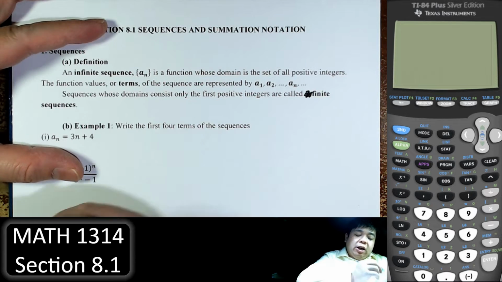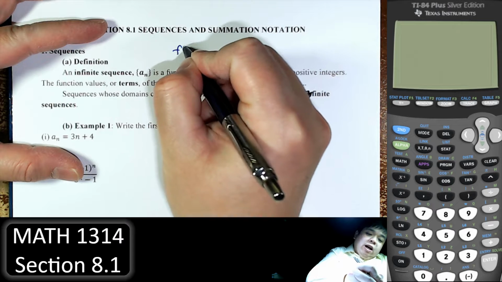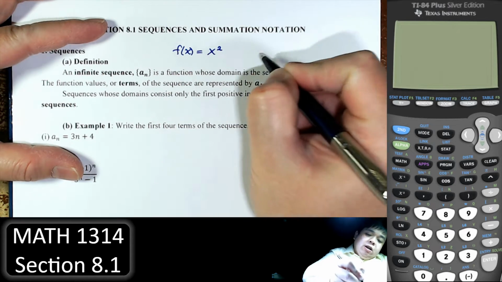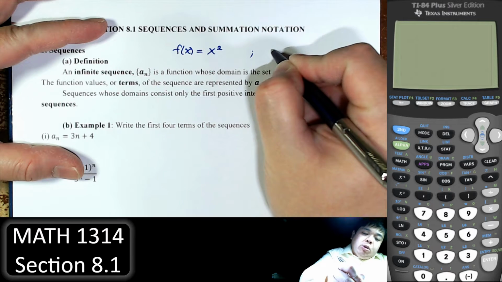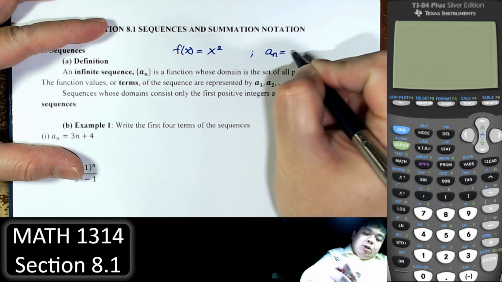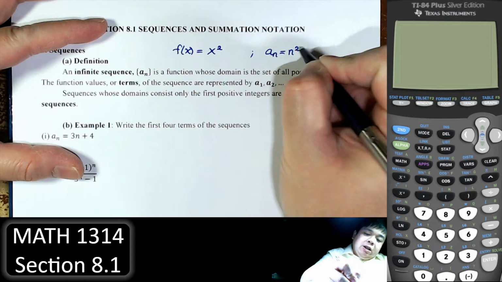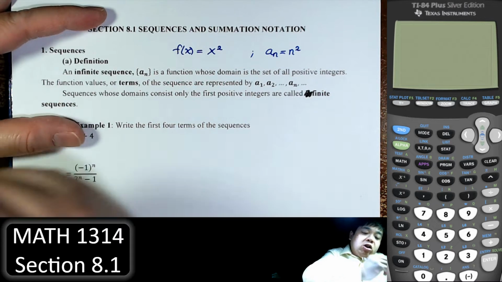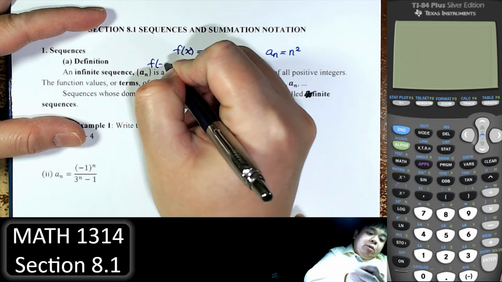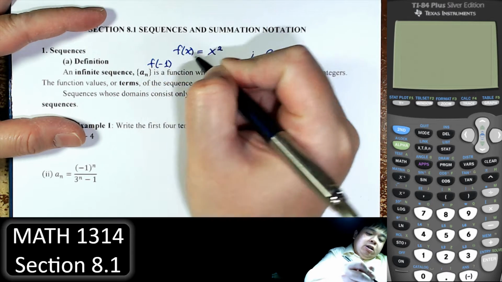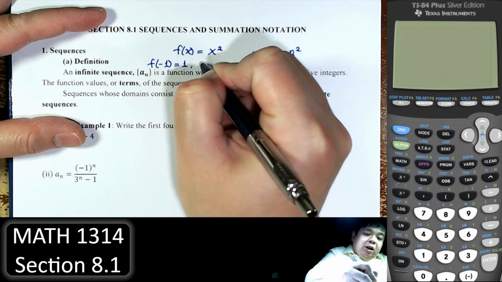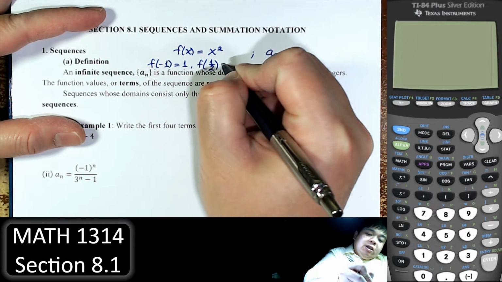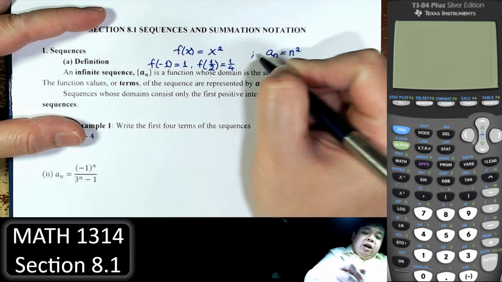A sequence is a function. For a function, we write f of x equal to x squared. But in a sequence, we will write a sub n equal to n squared. The difference from a function is that we might have f of negative 1, which is 1, f of 1/2 is 1/4.